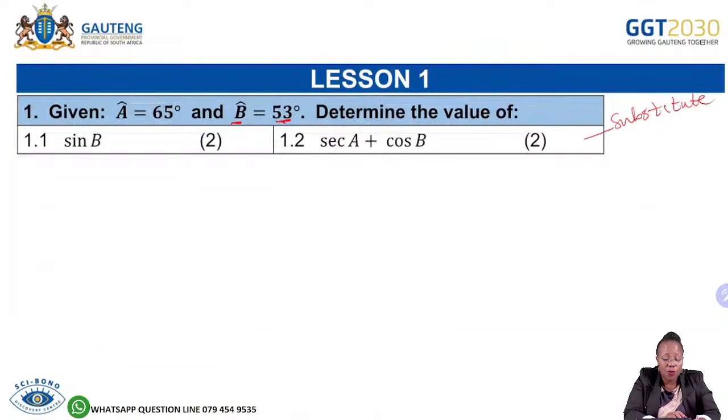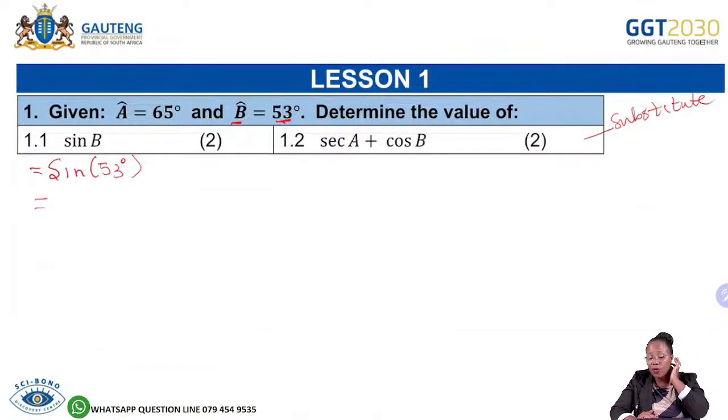And then let's start with 1.1. We are given sine B, therefore it will be the sine. We are substituting B with what? 53 degrees. Ensure, grade 12, that you choose correctly. Do not mix the angles there. And then into your calculator now, because there's no indication of without using a calculator, your answer will be 0.80.